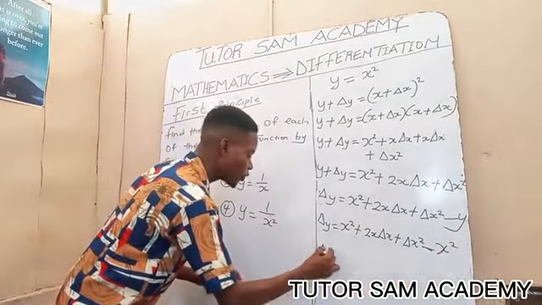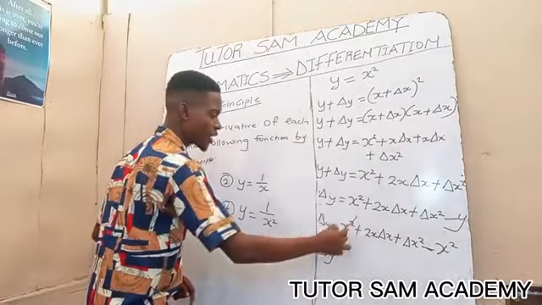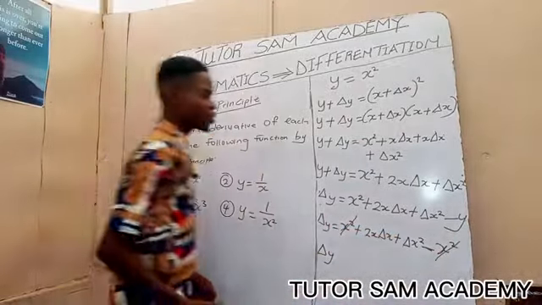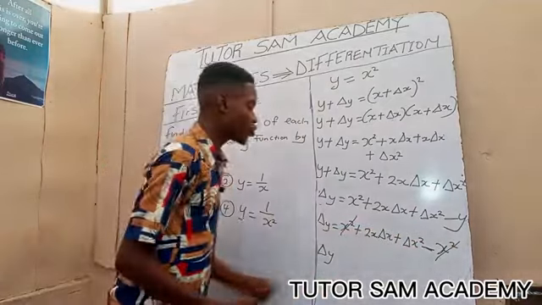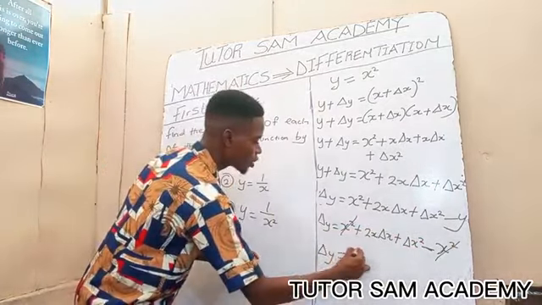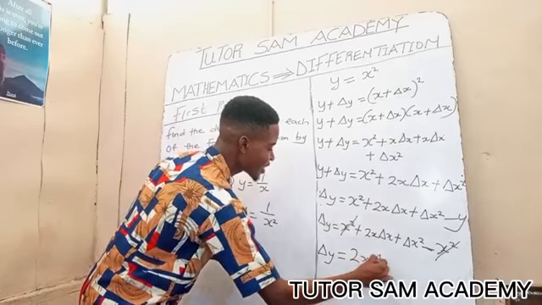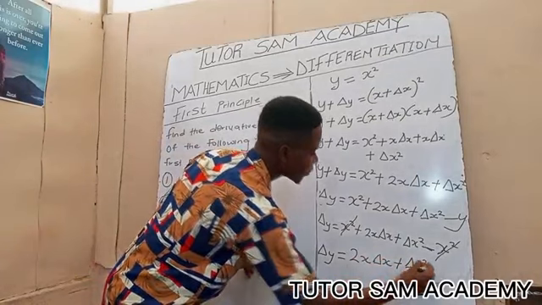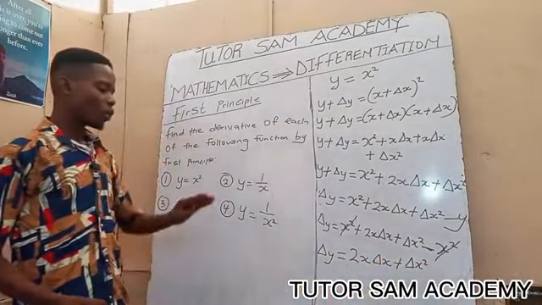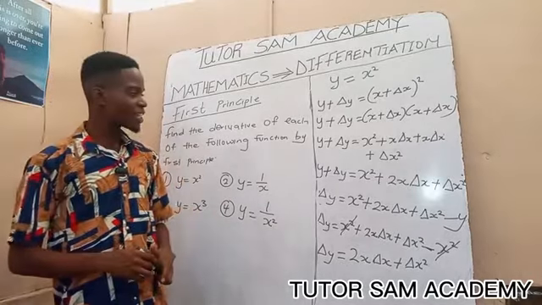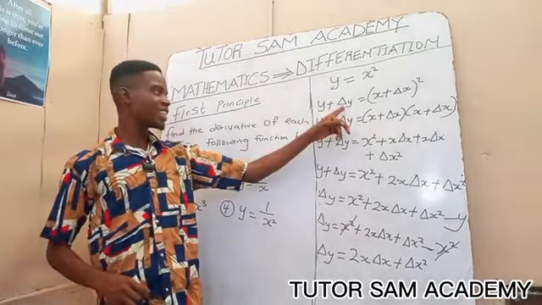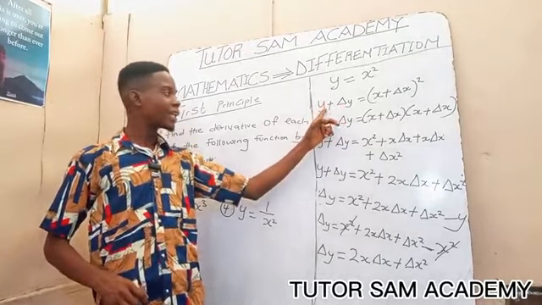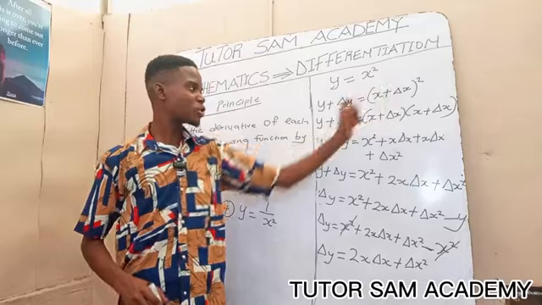So if you proceed from here, you will see that this plus x squared will cancel this minus x squared. We'll be left with 2x change in x plus change in x squared. So this is the third step. Let me recap the steps. The first step is to increase y with respect to y and x with respect to x.